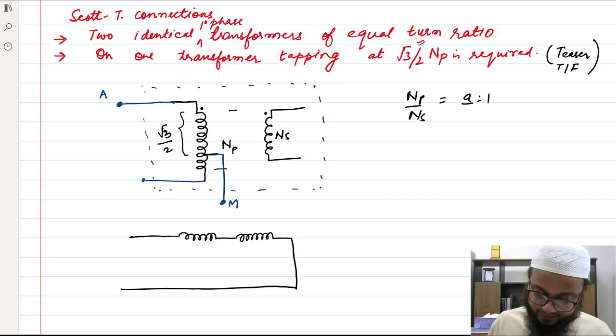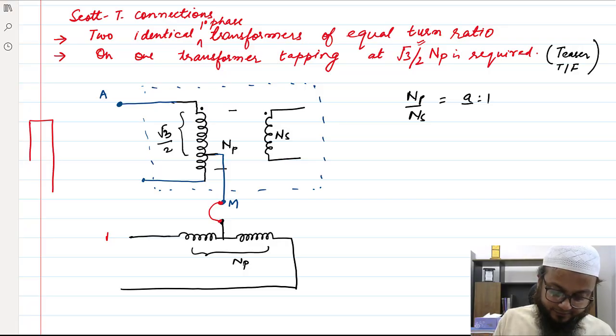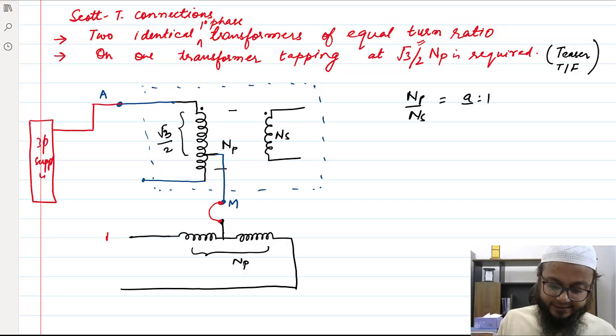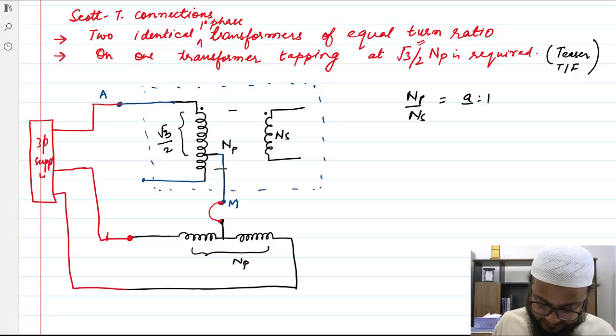Let's say this entire winding is NP, so we have a tapping here as well, and we connect it here. If we have a three-phase supply, phase A is connected here, phase B is connected here, and phase C is connected here. So this is A, this is B, and this is C.